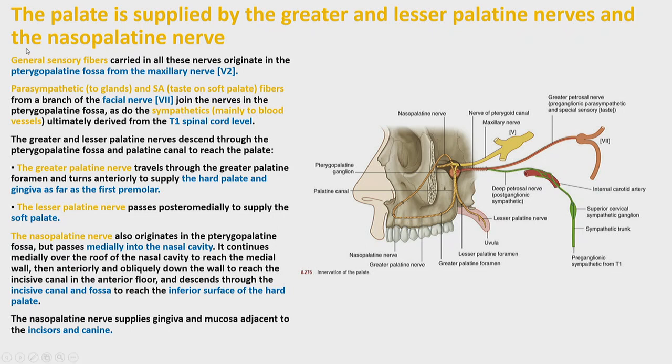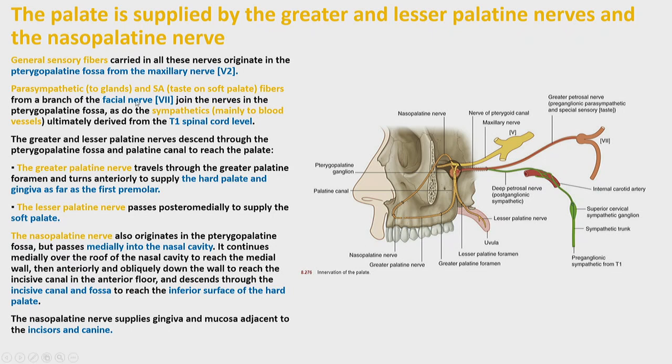The parasympathetic innervation of the glands that you have in the hard palate and the soft palate is via a branch of the facial nerve, which originates from the pterygopalatine fossa that we are going to discuss. It's the greater petrosal nerve at the greater petrosal hiatus and canal, if you remember.